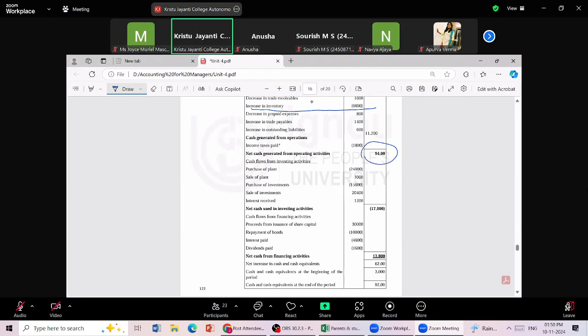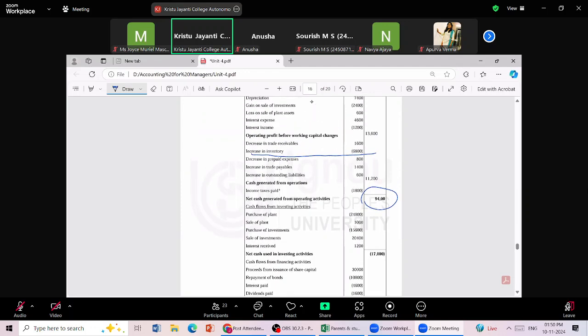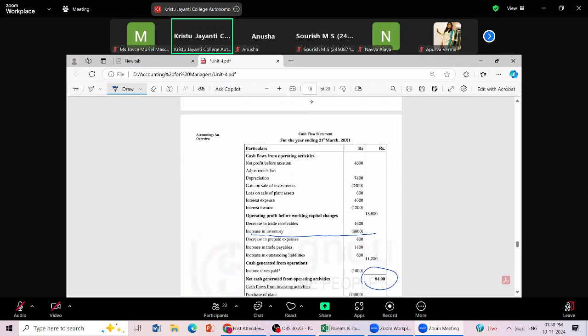Now the cash flow from investing activity. In investing activity, what you record is the purchase of all your assets and sale of all your assets. Now you can see here in the adjustment it is given: purchase of plant, sale of plant, purchase of investment, sale of investment and interest received.